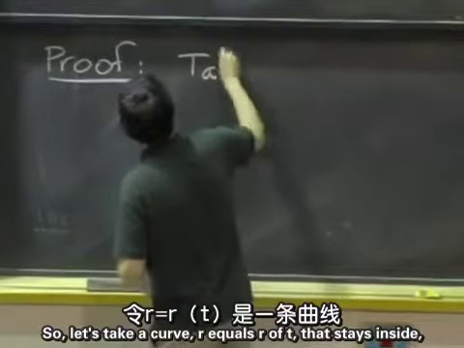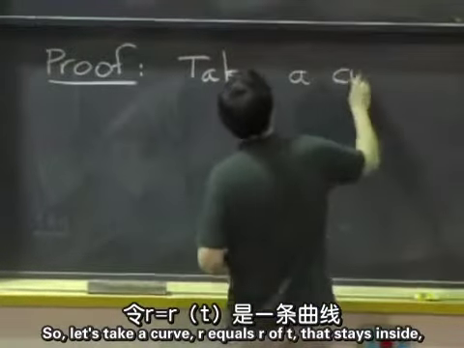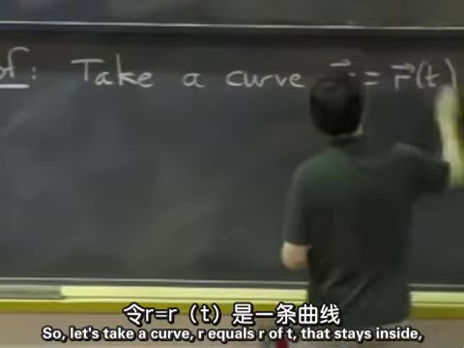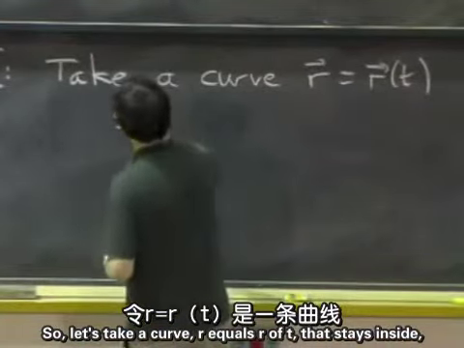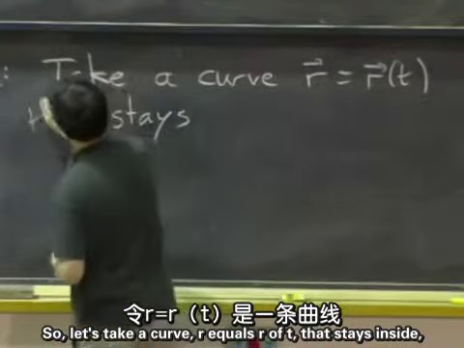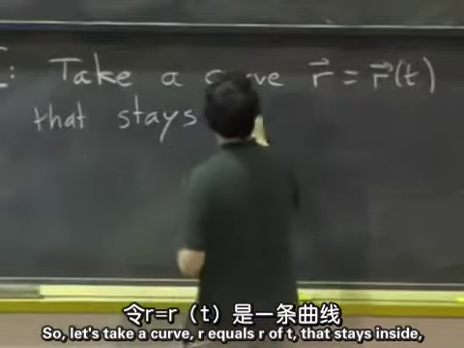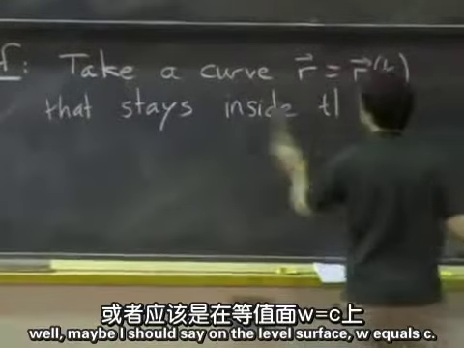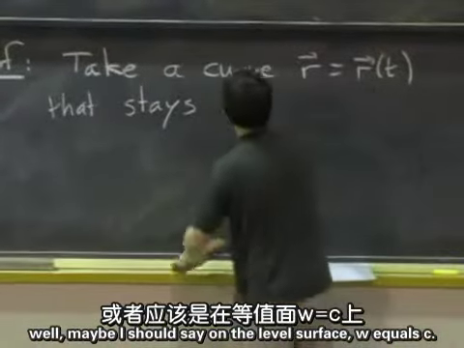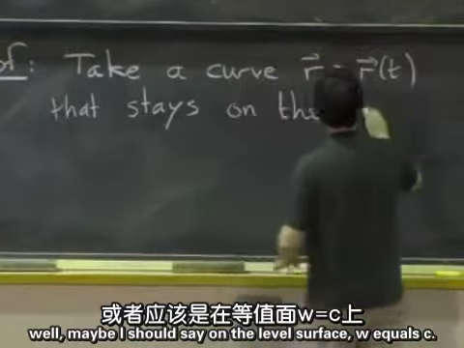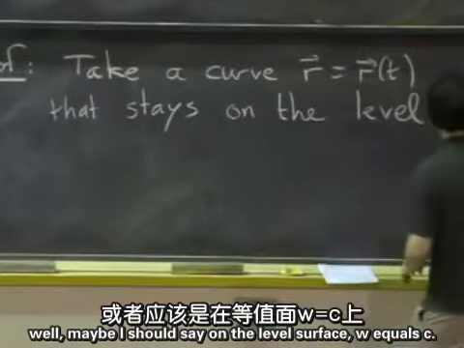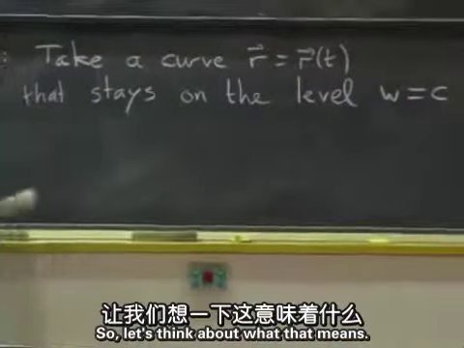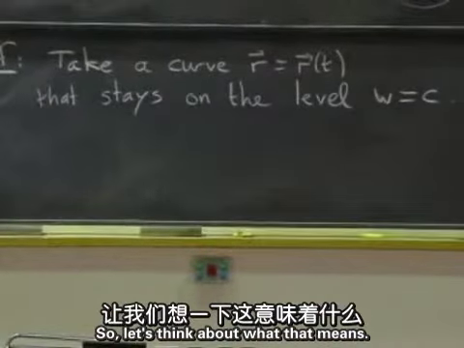So let's take a curve, r equals r of t, that stays, well, maybe I should say on the level surface w equals c. Okay. So let's think about what that means.